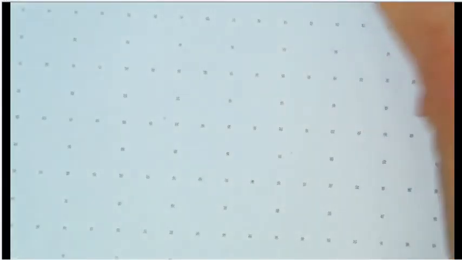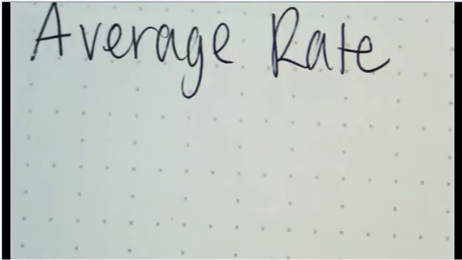Okay, so label your notes average rate of change.